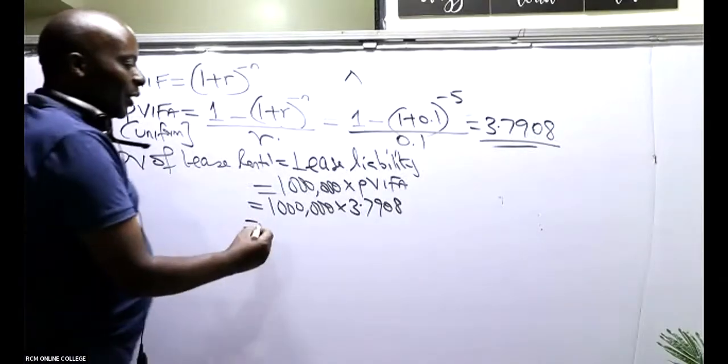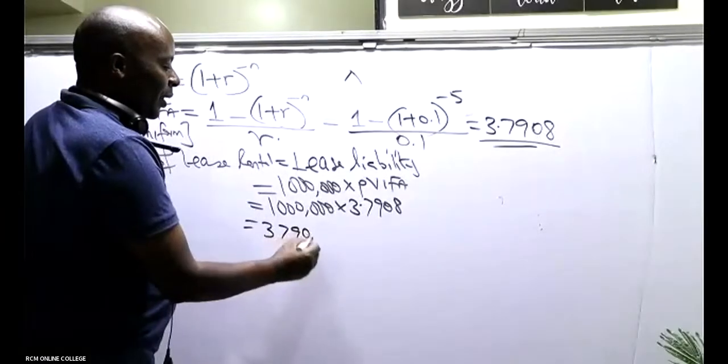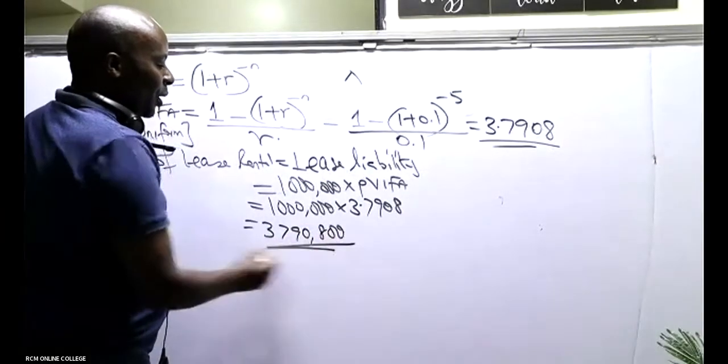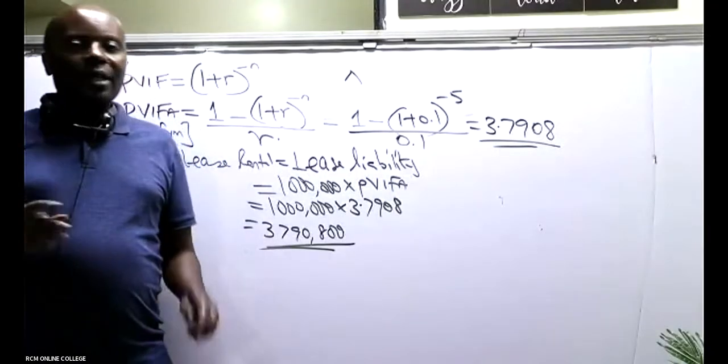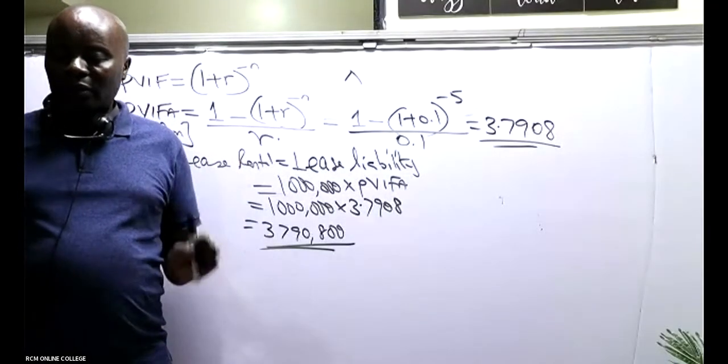Which will be the same as what here, somebody? 3,790,800 Kenya shillings. So this is what we owe this gentleman, the landlord, in total, having discounted.